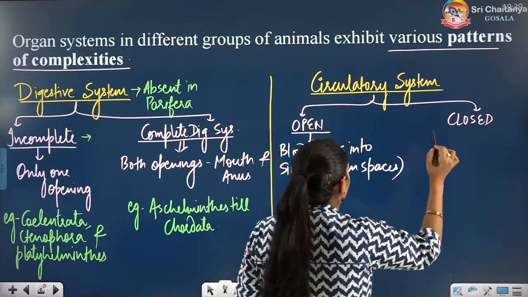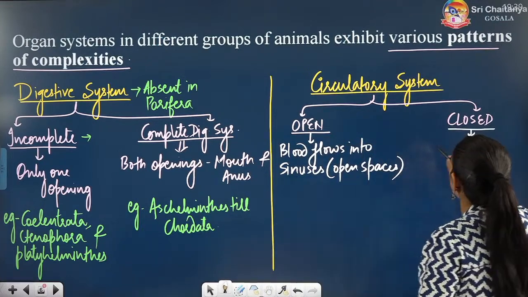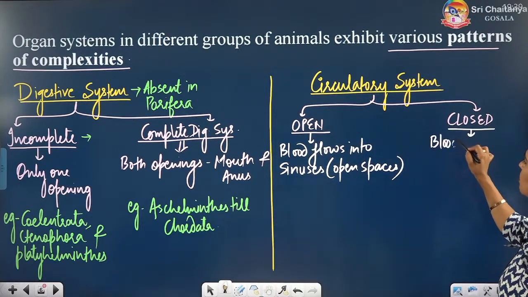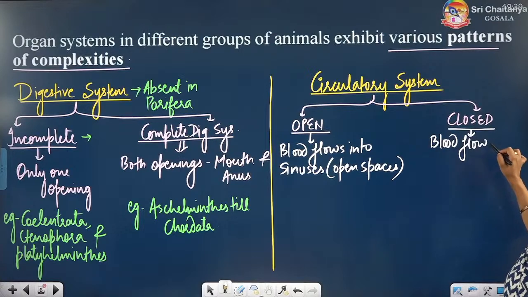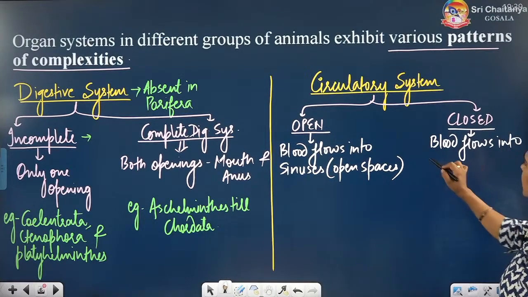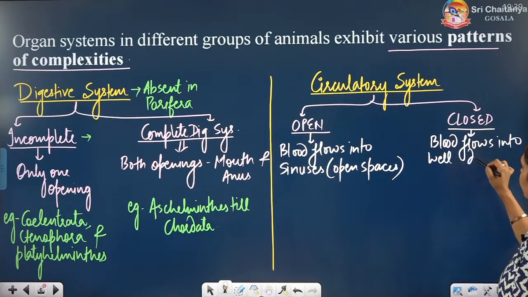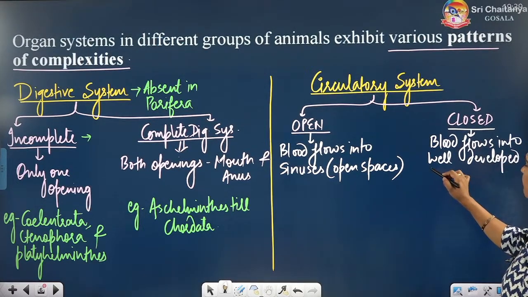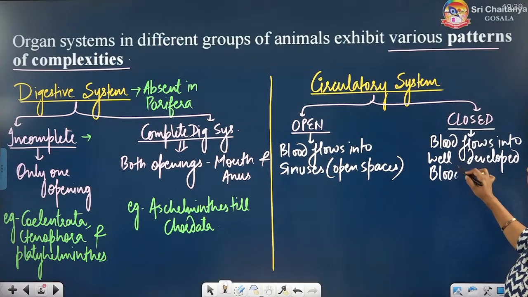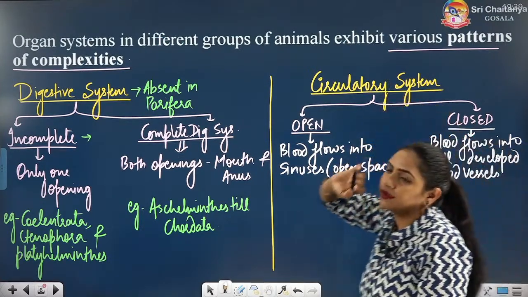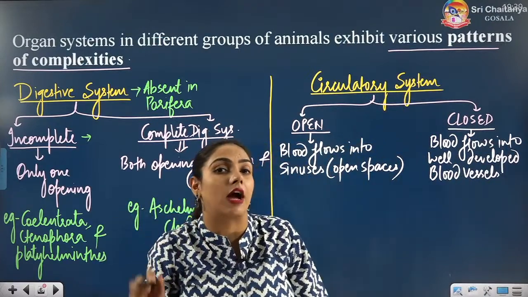But in a closed circulatory system, the blood flows into well-developed blood vessels, everyone.